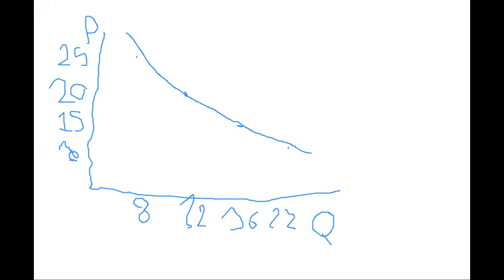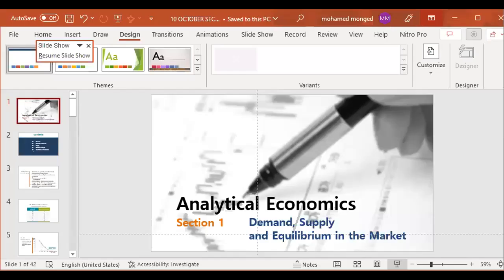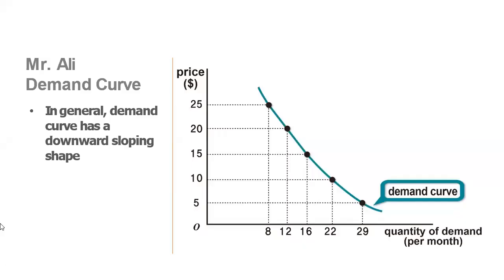This is the shape of the demand curve. Each point represents marginal utility. In general, we have a downward sloping shape.